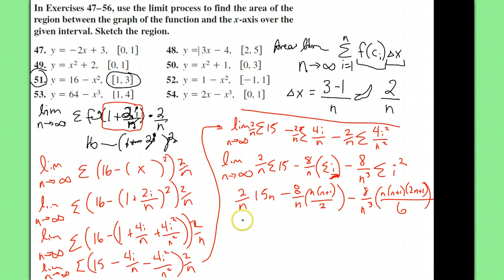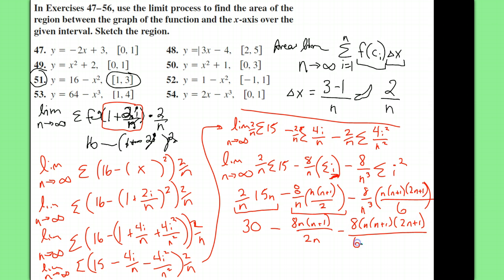I have a complete mess, right? So the first one's easy, you get 30. The next one, not as easy, you get 8n plus n times n plus 1 all over 2n. Last one, you get 8 times n plus 1 times 2n plus 1 all over 6n cubed.